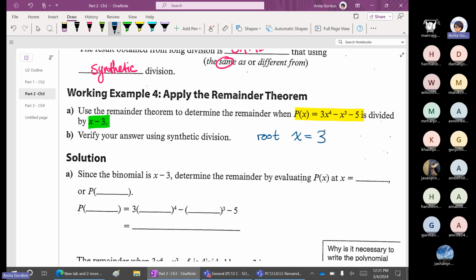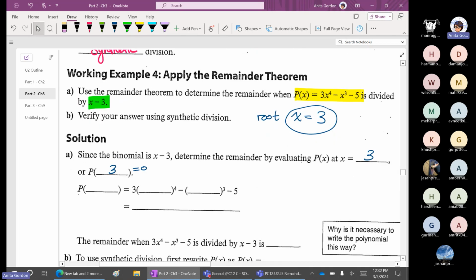Positive. So this is what I'm interested in. Without doing any division, I should be able to tell you, is it an x-intercept or not? If it's an x-intercept, what should the polynomial equal? 0. So when I put in x equals 3, the polynomial at 3 should equal 0 if it is a root.